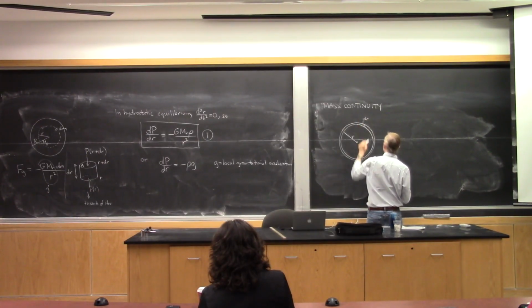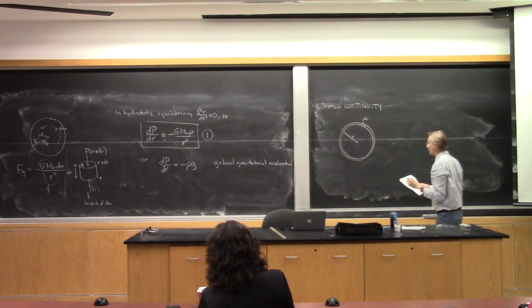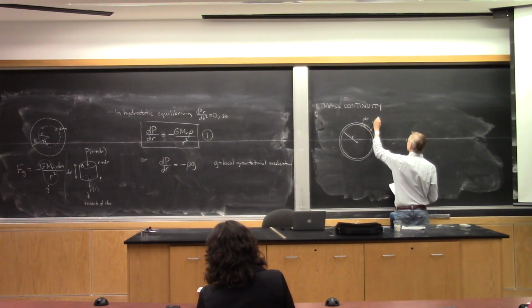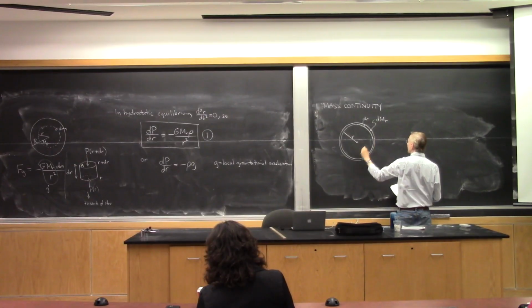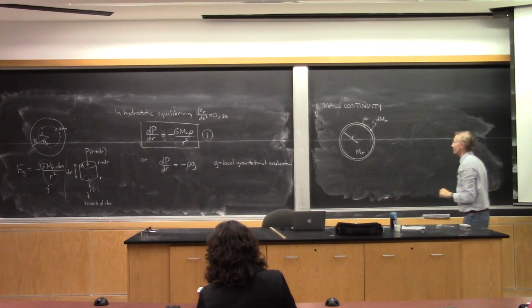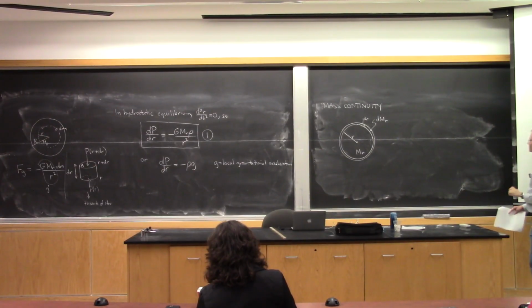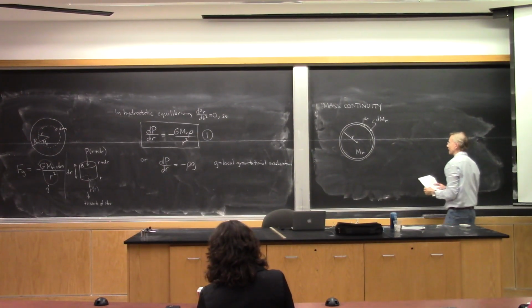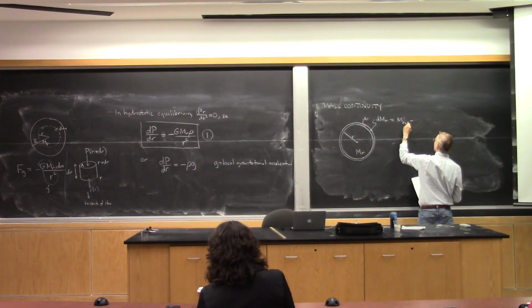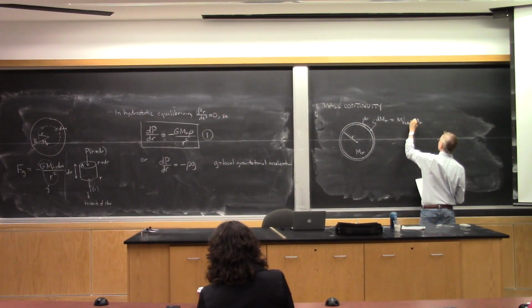So its radius is r, its thickness is dr, and inside that shell is a little mass dm sub r, which is the additional mass interior to radius r that you get by moving from r to r plus dr. So in other words, dm sub r there is the mass interior to radius r plus dr minus the mass interior to radius r.